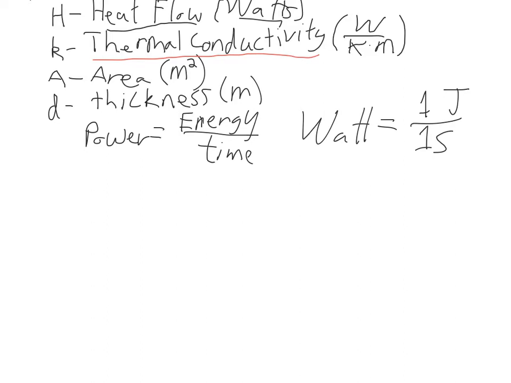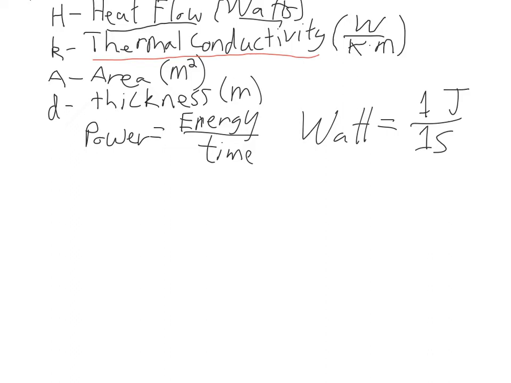Something really low like air is a good insulator. Its thermal conductivity is 0.025. Glass is an insulator, 0.8. Marble is 2.5, all different values really, and I'll give you some more examples in class.